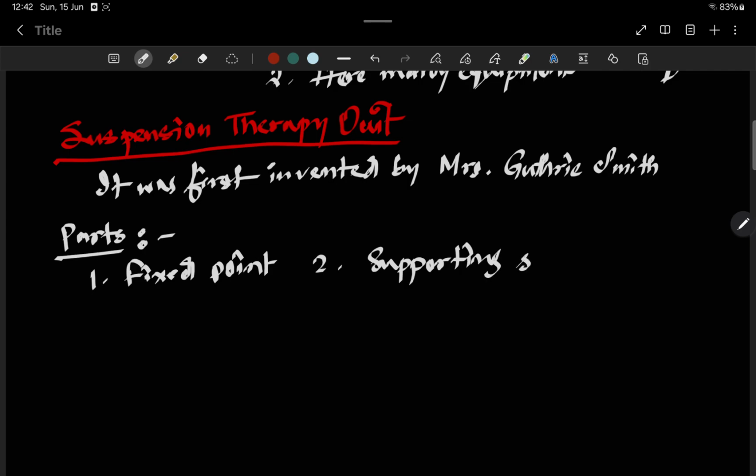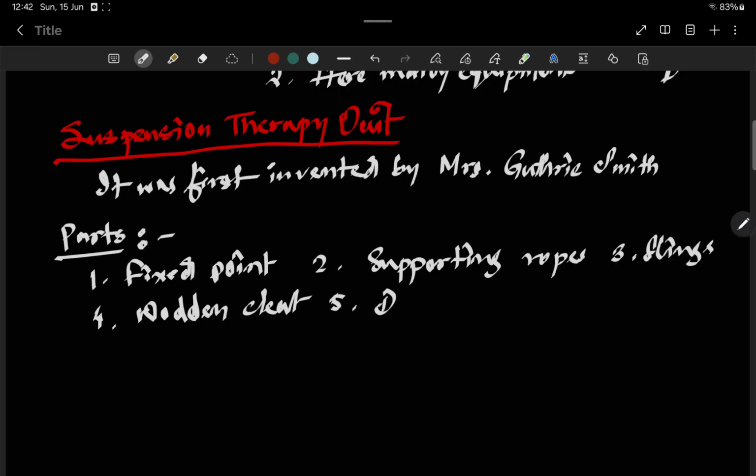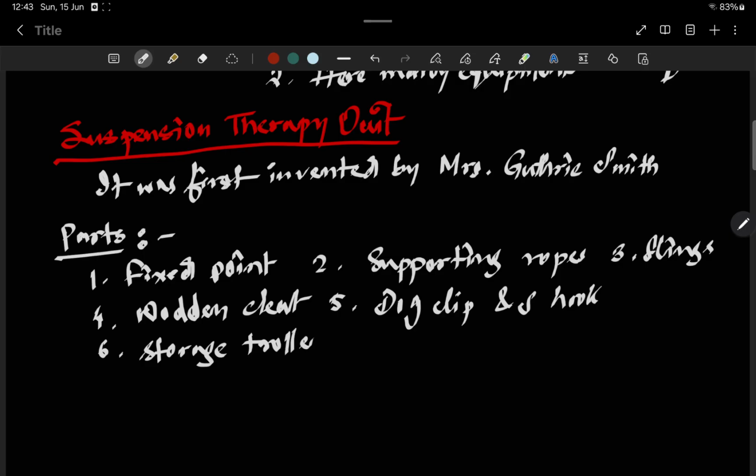Two, supporting ropes. Three, slings. Number four, wooden plate. Five, dog clip and S hook. Number six, storage trolley.